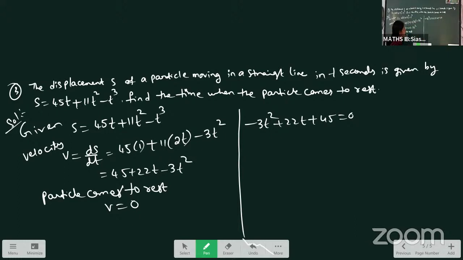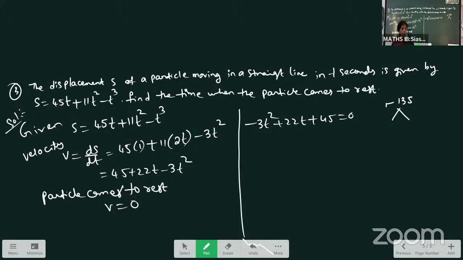So factors are what? 45 into 3, minus 135. So what are the factors to solve this equation? That is the main important thing here. 135 means I can say directly 27 into 5, and 27 minus 5 is 22.